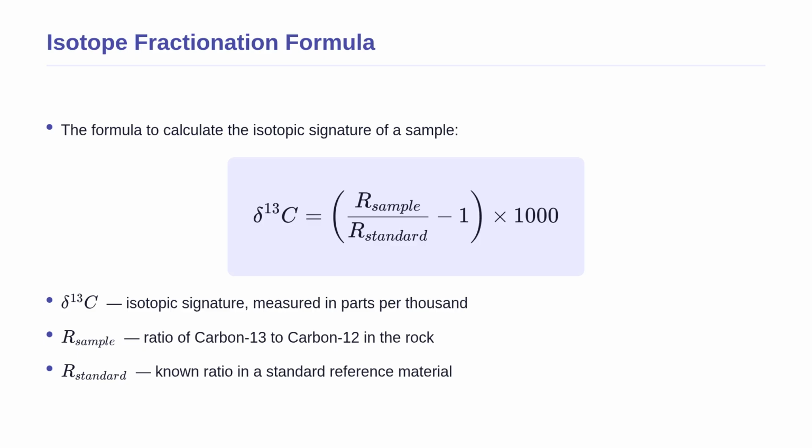We divide this by R standard, which is the known ratio in a standard reference material. Subtract 1 and multiply by 1,000. When the value of our sample decreases, meaning the sample has less heavy carbon-13, the resulting signature becomes more negative. A highly negative value is the smoking gun for ancient photosynthesis.